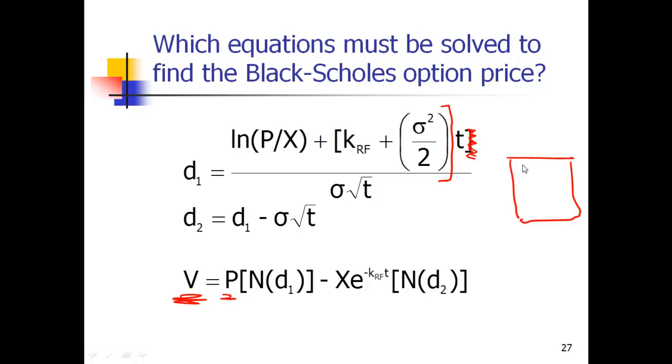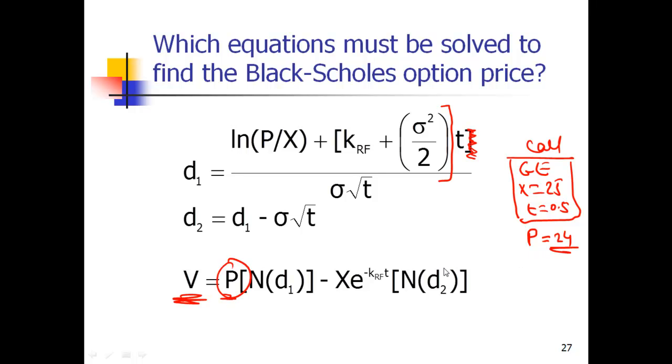So if you have a call option on GE shares where the strike price is 25 and the time to maturity is 6 months, expressed as 0.5 years, and let's say the price of the underlying stock is currently $24, just as an example. Okay, now what is P?